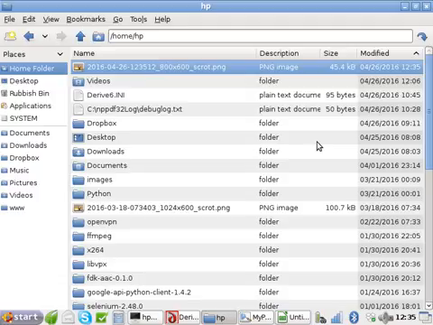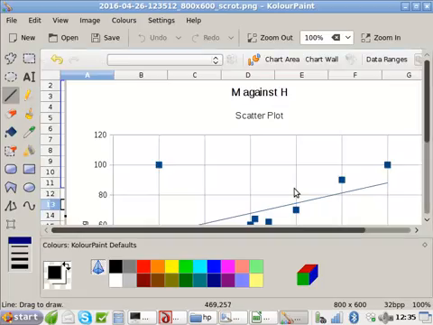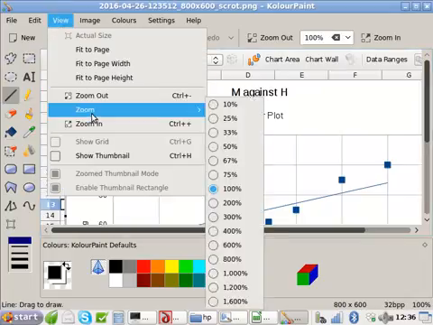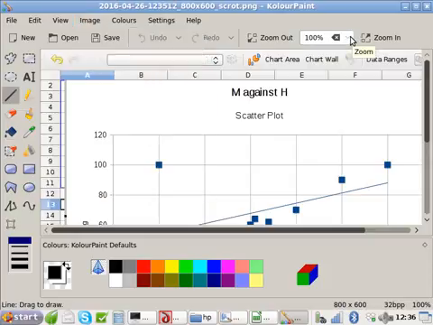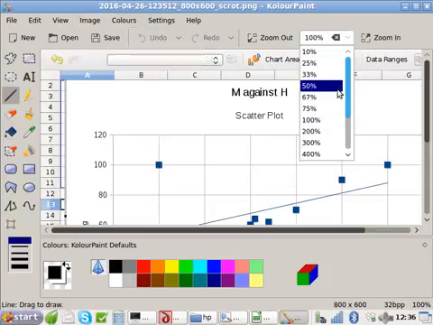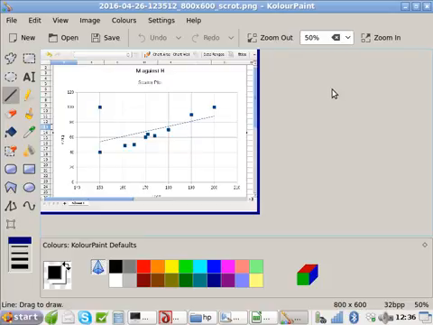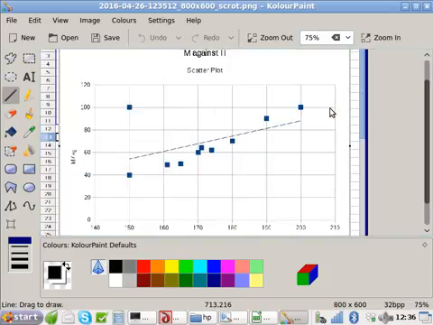So, calculating the slope of the line. Let me draw that in if I open up Paint. Right, so what you should have, let me draw it in. A line from here, make it bigger.